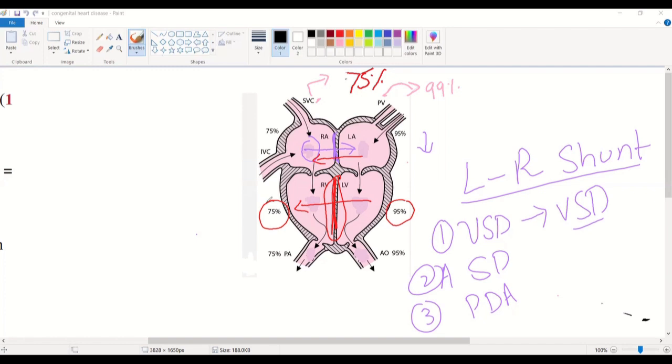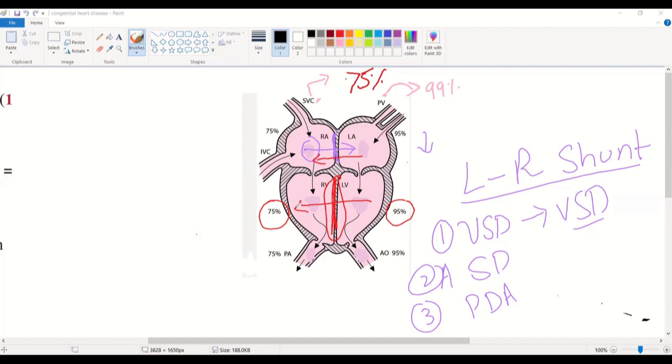So what will be the change in oxygen saturation in the right ventricle in ventricular septal defect? Increase.